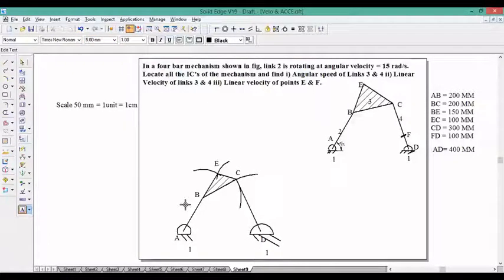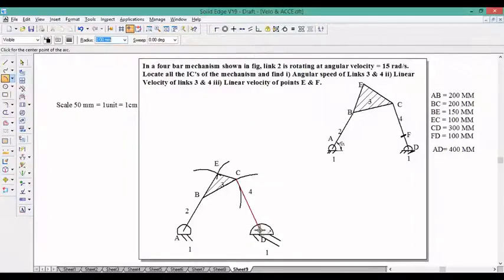Here we have the ternary link, that is 3 and 4. Here we can see the point F is an additional point, so we need to cut an arc. The distance FD is 100, and 100 means a 2 centimeter line. So take a compass, measure 2 centimeters and cut. So that will be the point F.